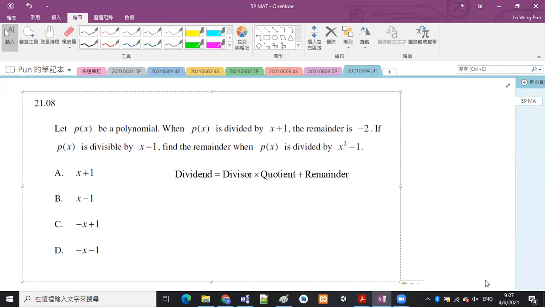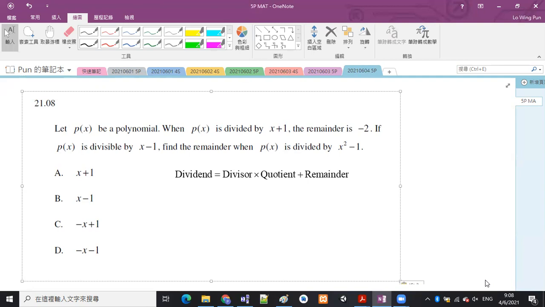Okay, later I will teach how to use it, but I want you to see when we need to use this. Here px is divided by x plus 1. This is the divisor. No square term, right? So we can use the remainder theorem from this line. Px is divisible by x minus 1.